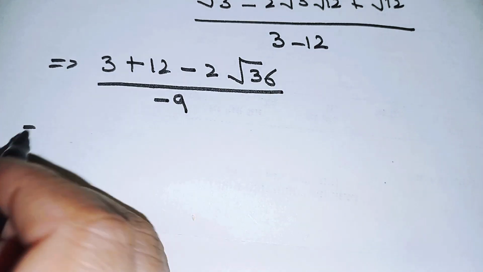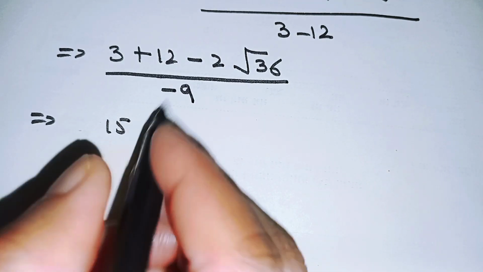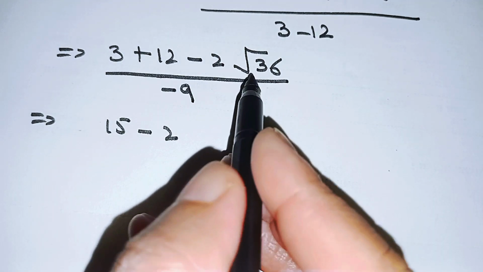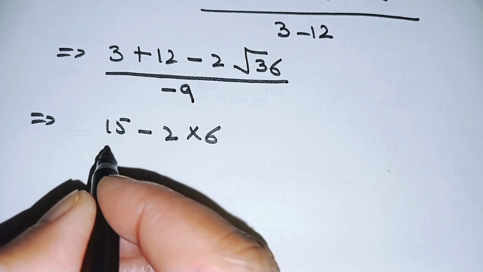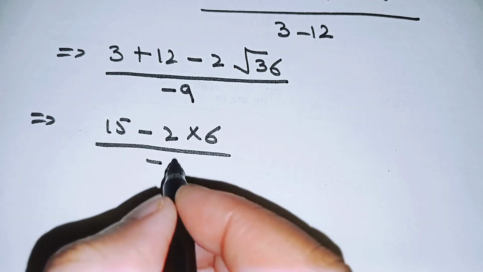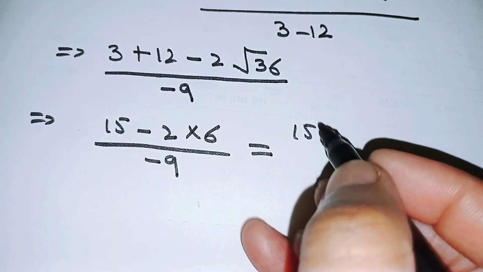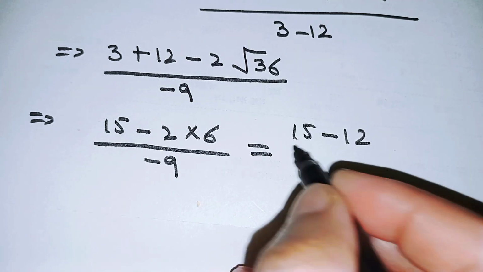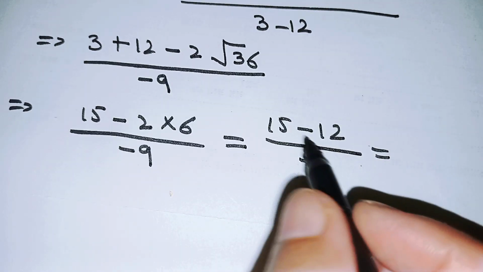Now 12 plus 3 is 15, then minus 2 times the square root of 36, which can be written as 6 times 6, over minus 9. This is equal to 15 minus 6 times 2, which is 12, over minus 9.